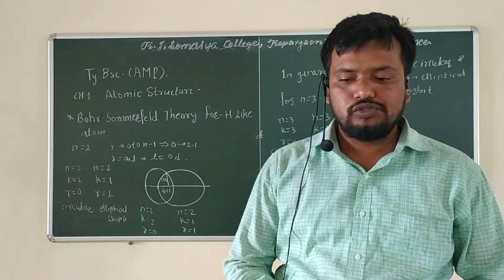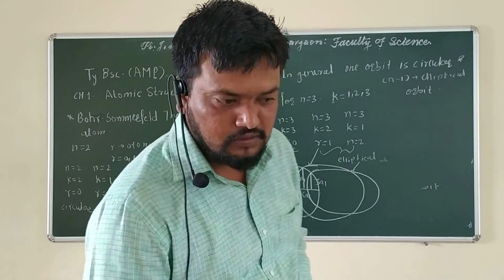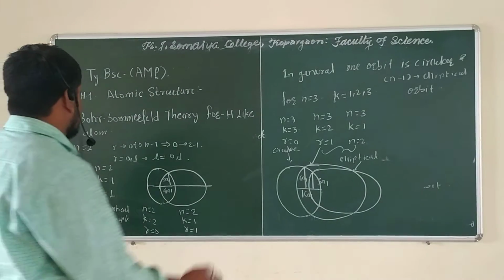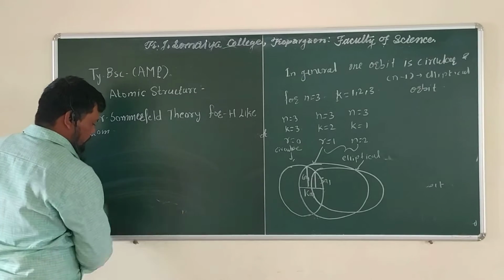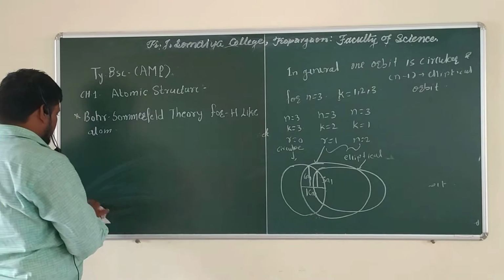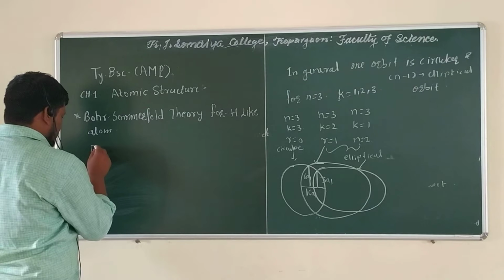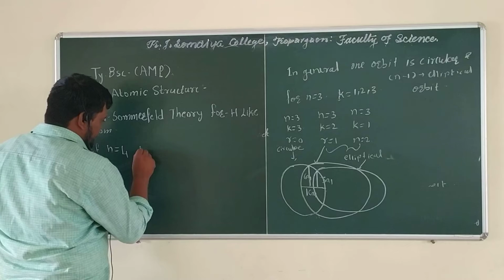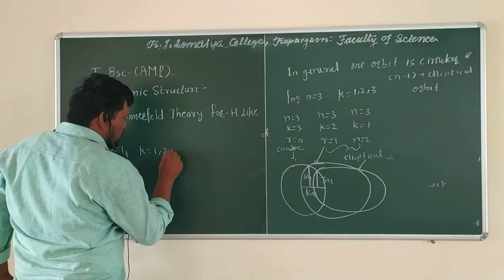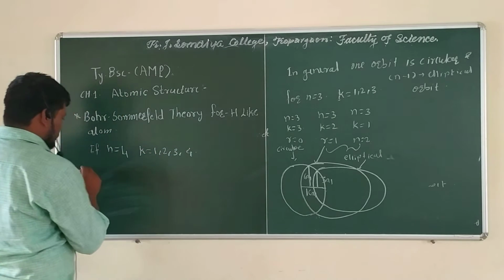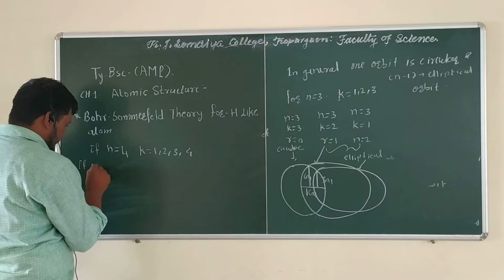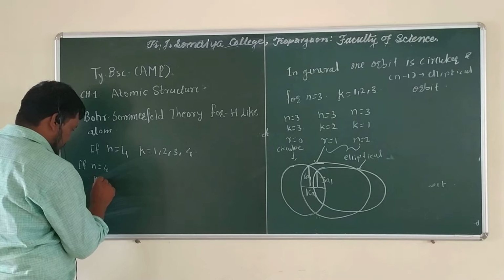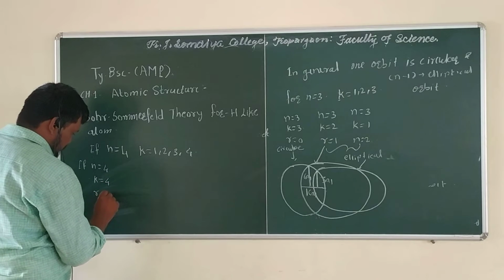Again, consider n equal to 4. Then the k value is equal to 1, 2, 3 and 4. If we take n equal to 4, k equal to 4, then r is equal to 0.